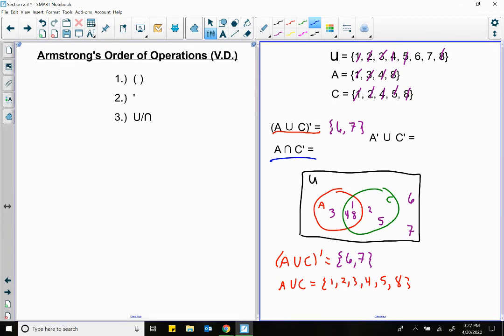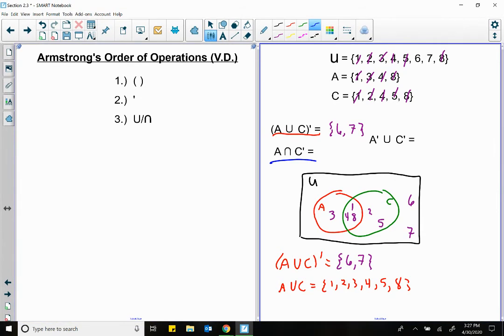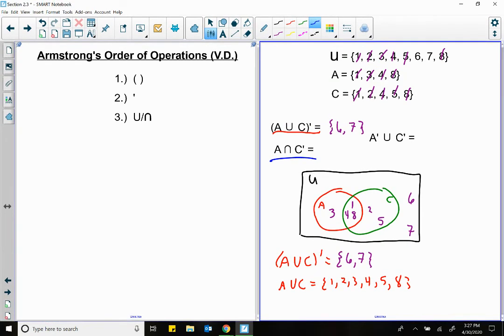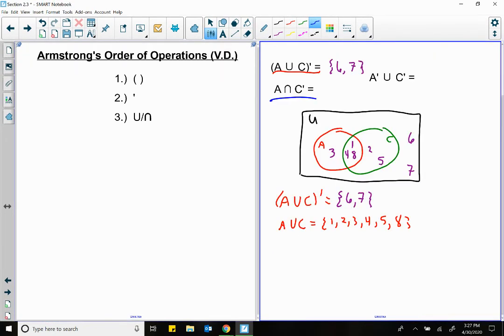Let's go ahead and jump down to this one right here. So A intersect C complement. Give me a second. Oh, nope, need to expand. So A intersect C complement. So if we run our PEMDAS, we don't have any parentheses. Do we have a complement? Absolutely.